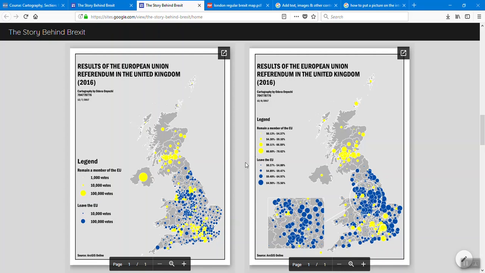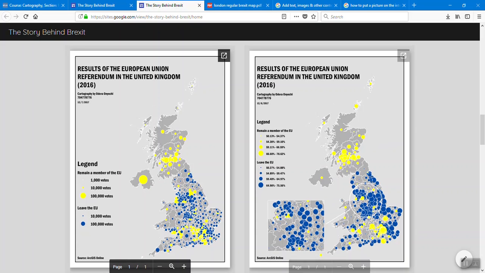I feel like they complement each other because one shows how much each voting area contributed to the total, i.e. how much weight their decision had, while the other one just shows what the general view within the voting areas are.